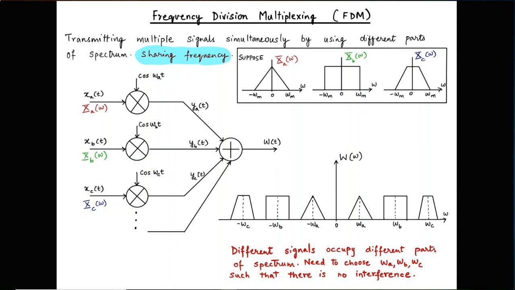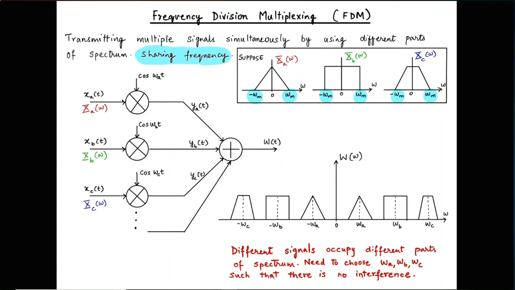And their Fourier transforms are sketched over here in 3 different shapes just to identify which one is which. For the sake of convenience, we have chosen the maximum frequency in each of these 3 signals to be the same. Omega sub m is the maximum frequency here. They're all baseband signals, A, B, and C. And we are trying to share the resource of frequency.